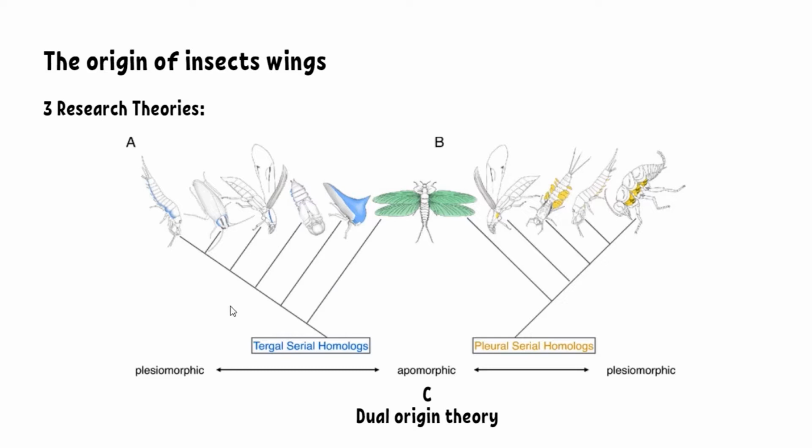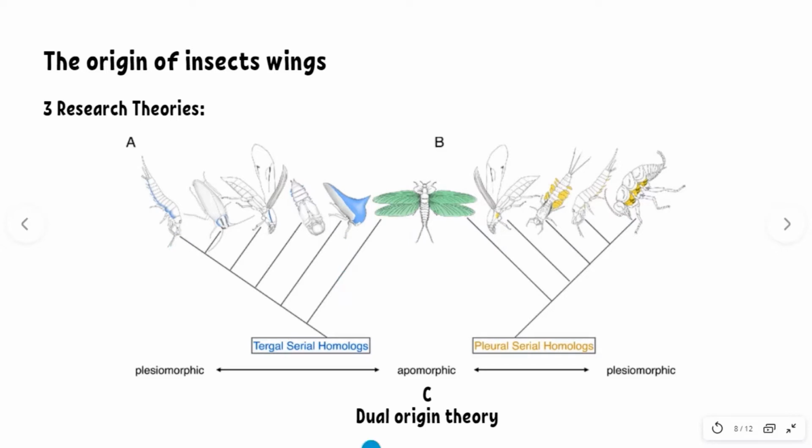The first 2 theories are called tegmental and pleural. As you see, each one describes a different scenario for the wings to be developed in the early ages of the insect.